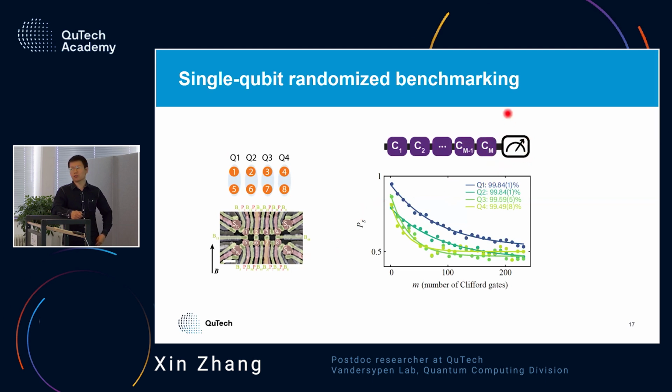We can measure the singlet probabilities of the qubits, and the singlet probability will decay as a function of the Clifford gates you apply. By fitting this decay, you can get the fidelities of the single qubits. This is the average gate fidelity, and they are all over 99%.